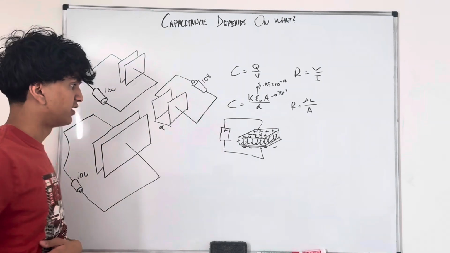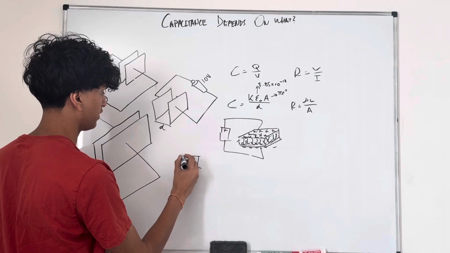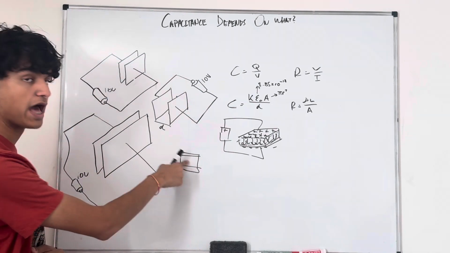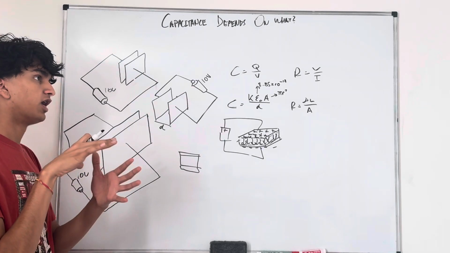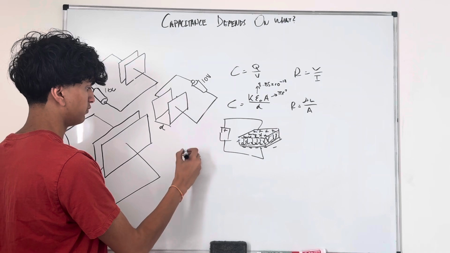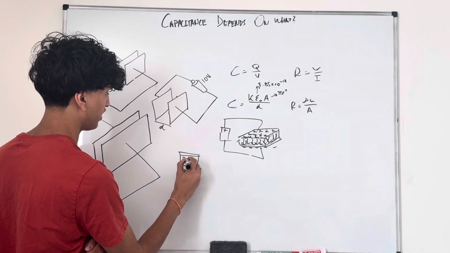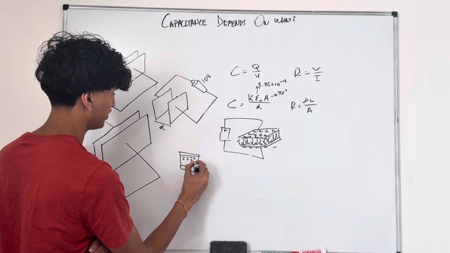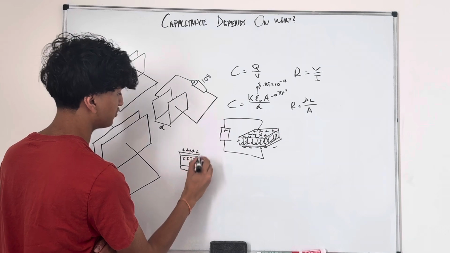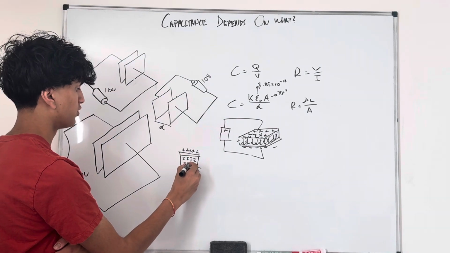But the dielectric, if I were to zoom in on it, has its own charges. If this is the top plate and this is the bottom plate, this is my dielectric. It's going to polarize, but it's an insulator, so it's not going to have negatives up at the top and positives at the bottom. Instead, you're going to get negative, positive, negative, positive, negative, positive. The negatives are going to get closer to the positive plate, so you're going to get some polarization.